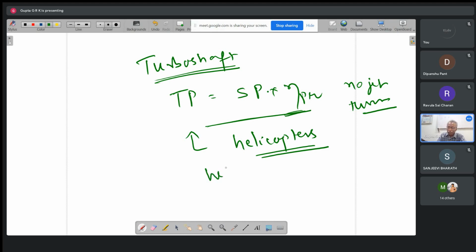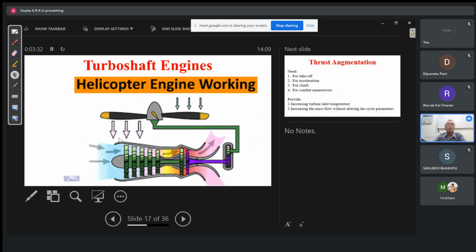The helicopter rotor is run with a gas turbine. Like this, if you see a figure, something like this. This is a helicopter engine. Here also, because the helicopter propeller is very large, this is run with a gear again, so that the speeds will be less. These are called turbo shaft engines.